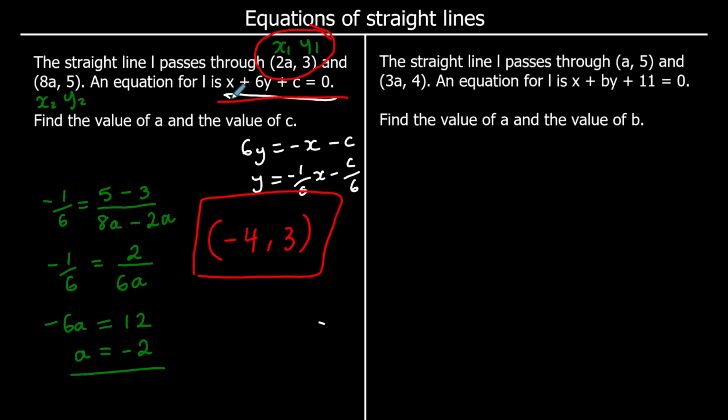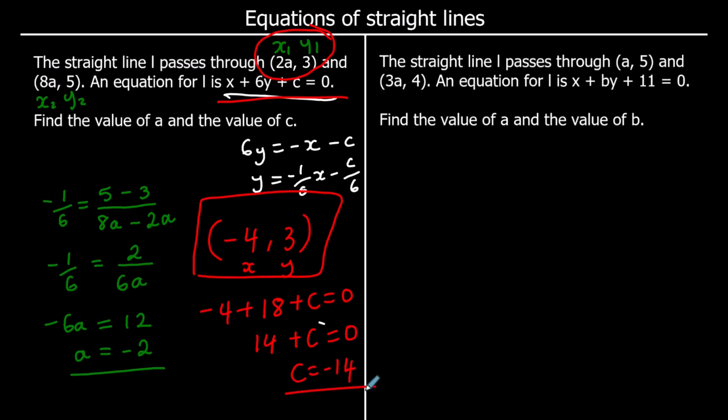So if we substitute that in, we can find c. So x and y: negative 4 plus 6 3's, 18, plus c equals 0. So we've got 14 plus c equals 0. c is negative 14.